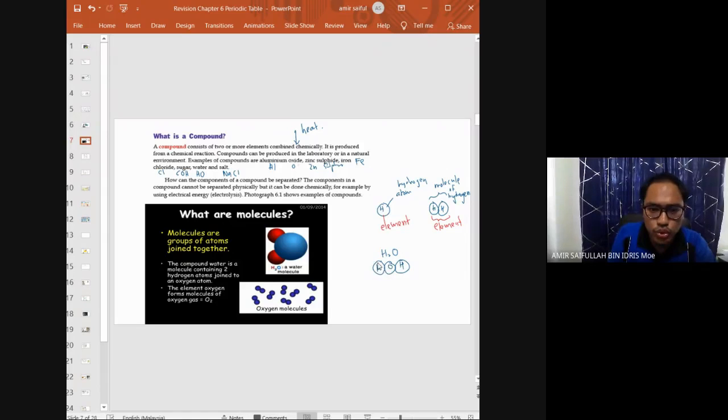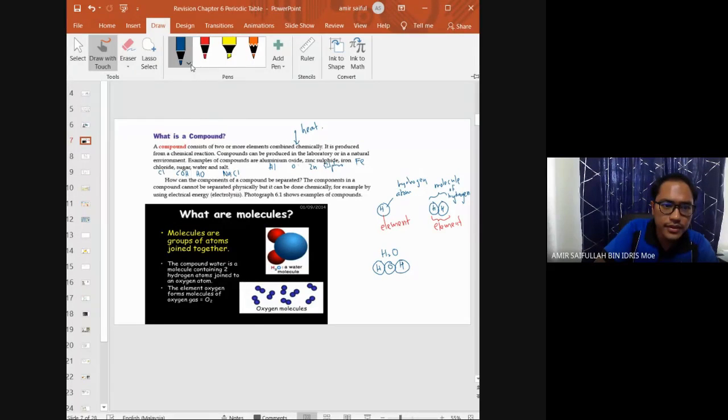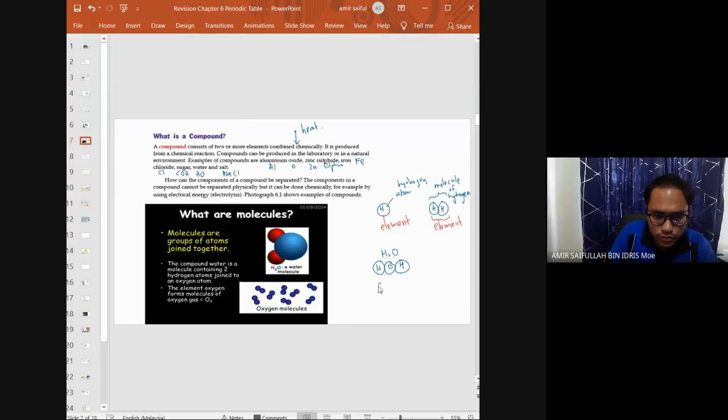So are these elements? These are not elements. This is a compound because they have more than one type of element.